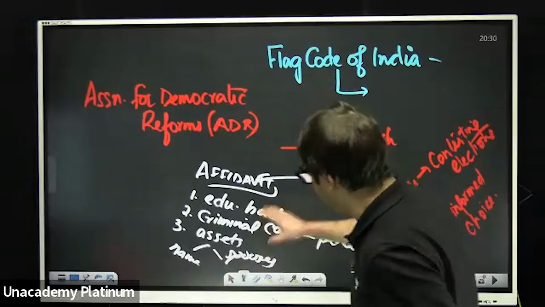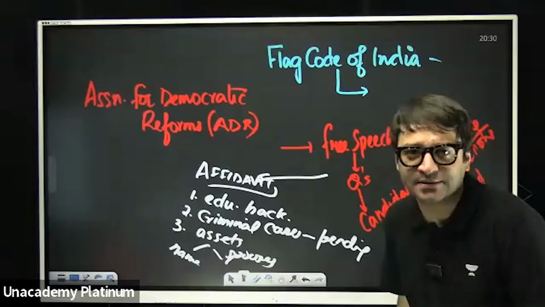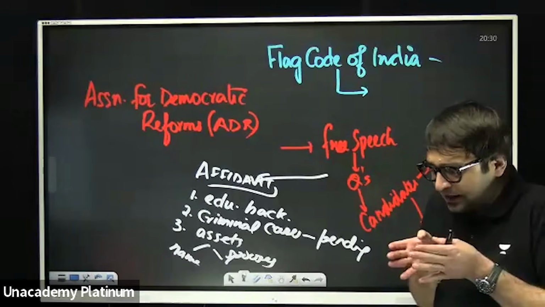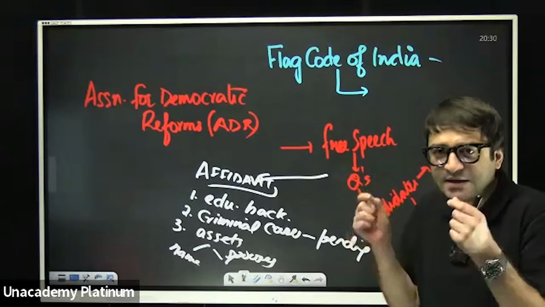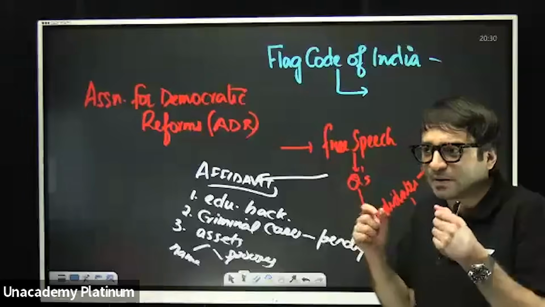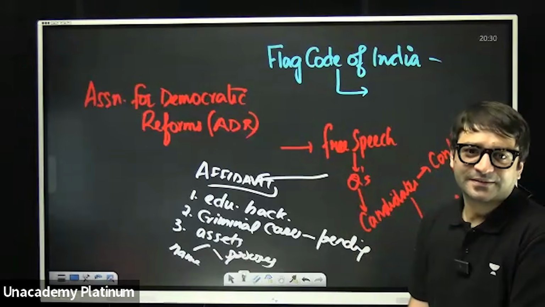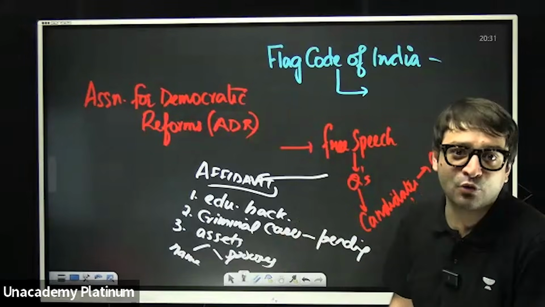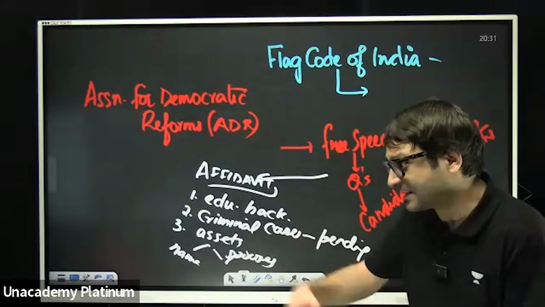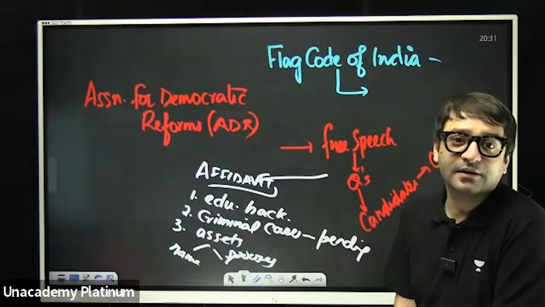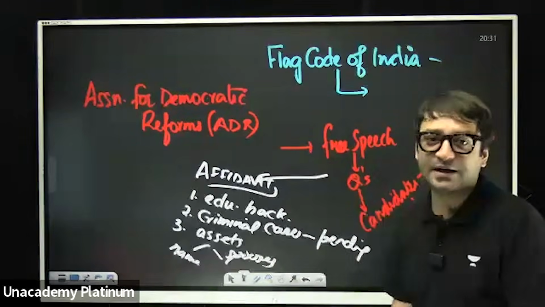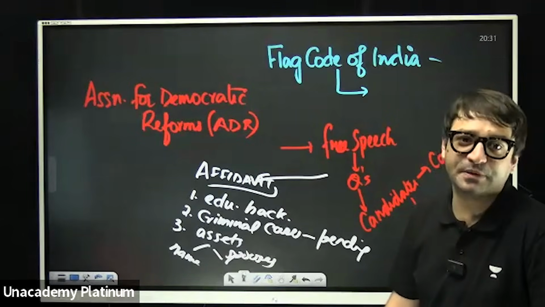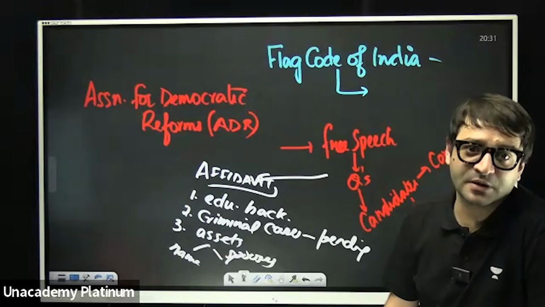Why? Because if this information is provided to us, then citizens would be in a better position to choose the right candidate, the right member of the parliament. So I may be choosing somebody who has more rape cases against him than somebody who is clean. Because ADR data tells us 40% of the people in Lok Sabha have a criminal past.